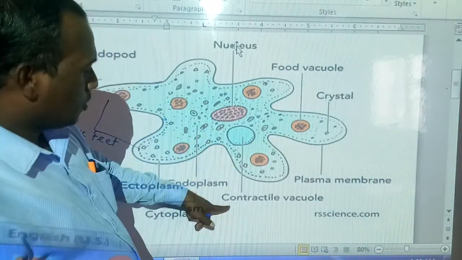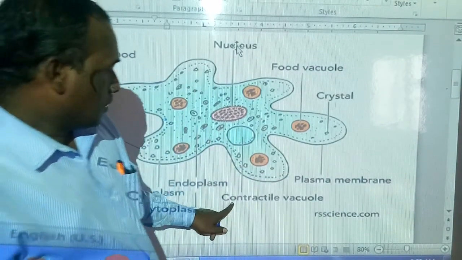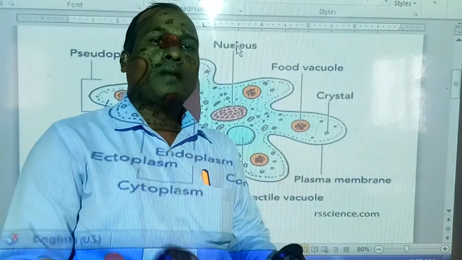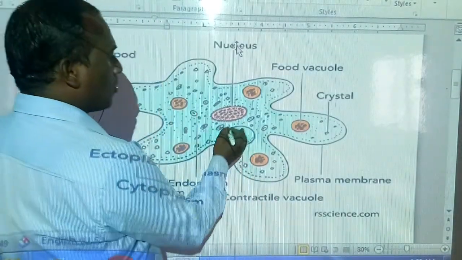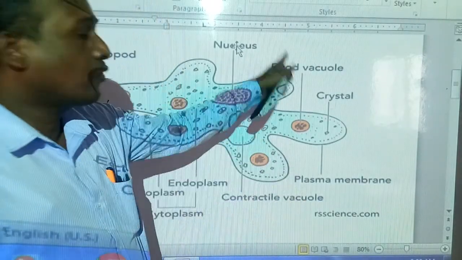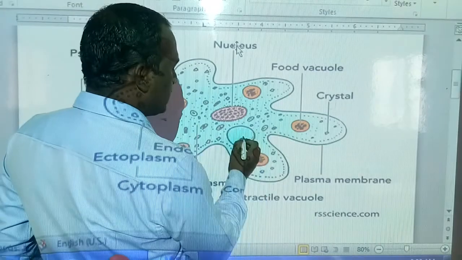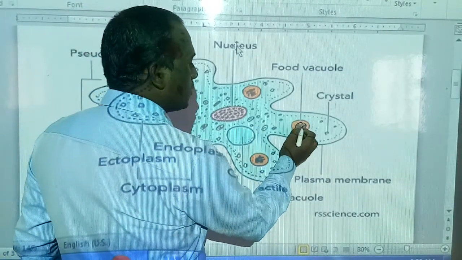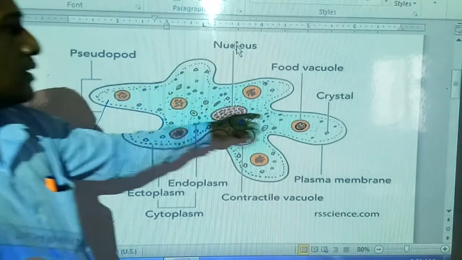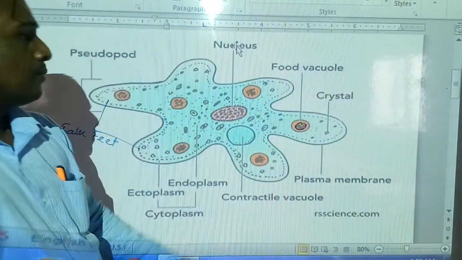Next, here you have to see the contractile vacuoles. These are like empty spaces. And what is this? Food vacuoles. Here inside there is food, that is called a food vacuole. The small things like this are crystals.